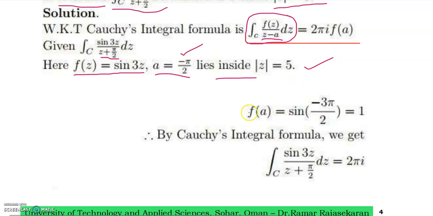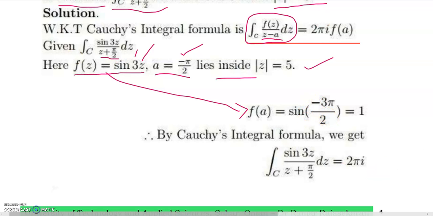Okay. Now what is f of a? We know that in f of z you replace z by a, that is minus pi over 2. Now f of a is equal to sine of minus pi over 2 multiplied by 3, because here we have 3z, that's why sine of minus 3 pi over 2.